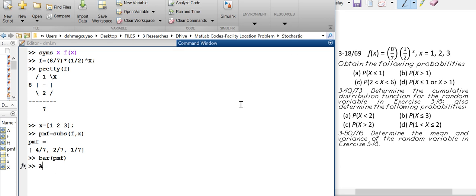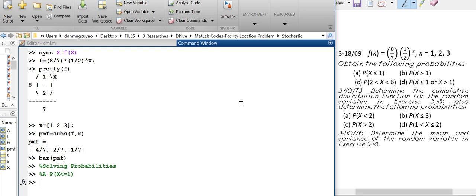So for letter A, let's have a comment, solving probabilities. For the first one, letter A, we want to get the probability of x less than or equal to 1.